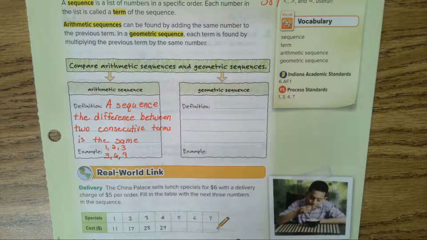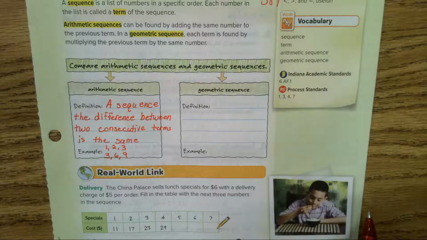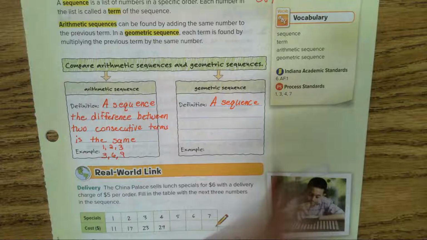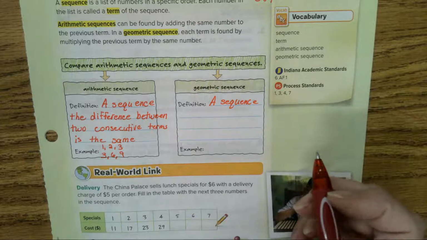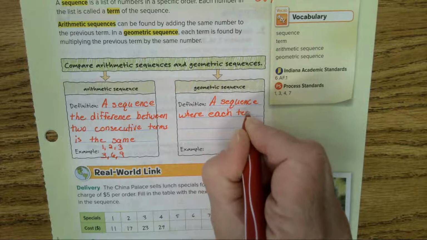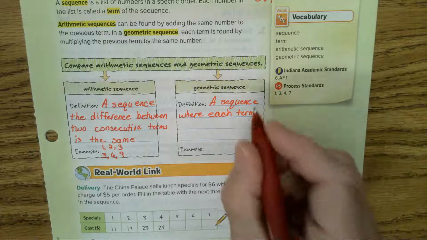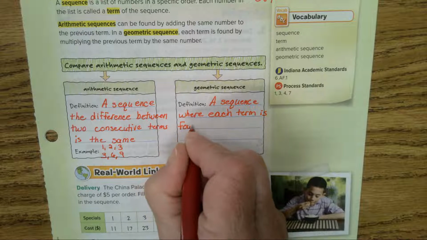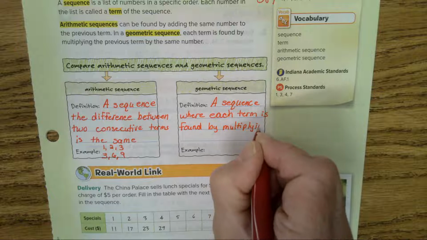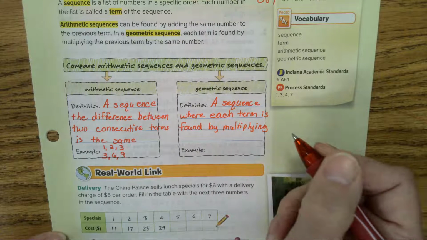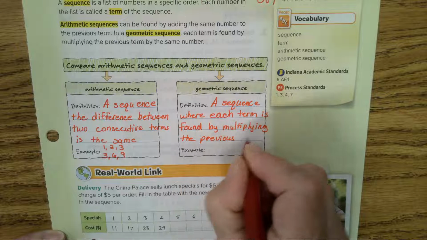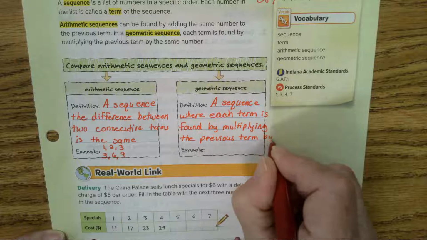Nice. In geometric sequences, a sequence where each term is found by multiplying the previous term by the same number.